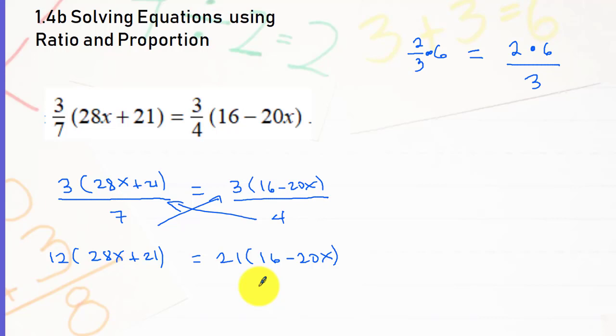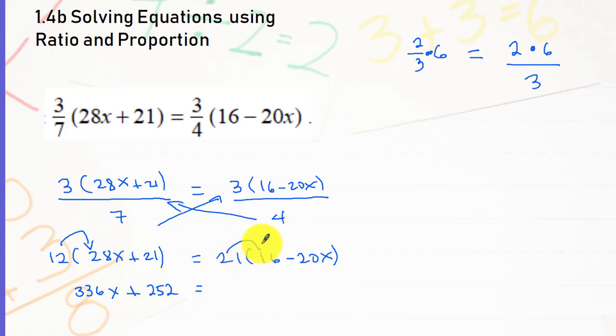So 12 times 28 is equal to 336. So this one, 336x. And then your 12 times 21, we are going to get 252.